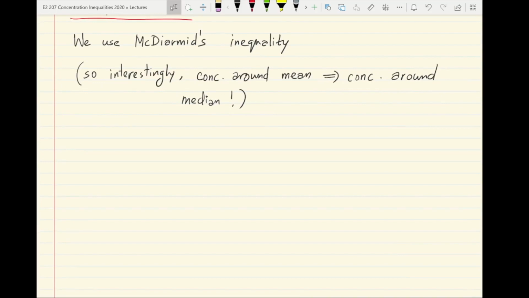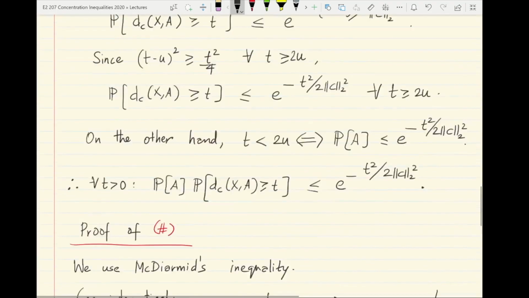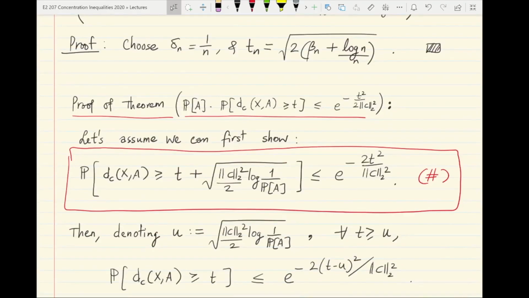So how do we use McDiarmid's inequality? Let's first define the quantity. We are given a set A in the inequality that we have to prove.